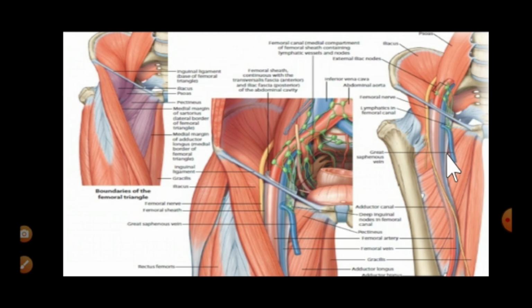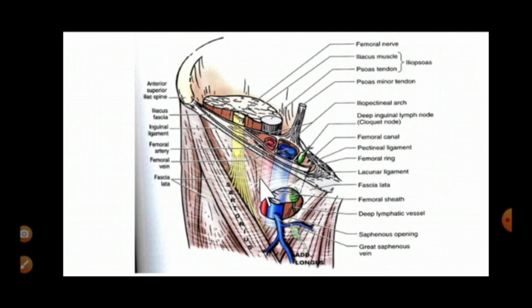adventitia of the vessels. So this here is the great saphenous vein, which is draining into the femoral vein. Over this we have the cribriform fascia. So in this we can see the femoral sheath here.